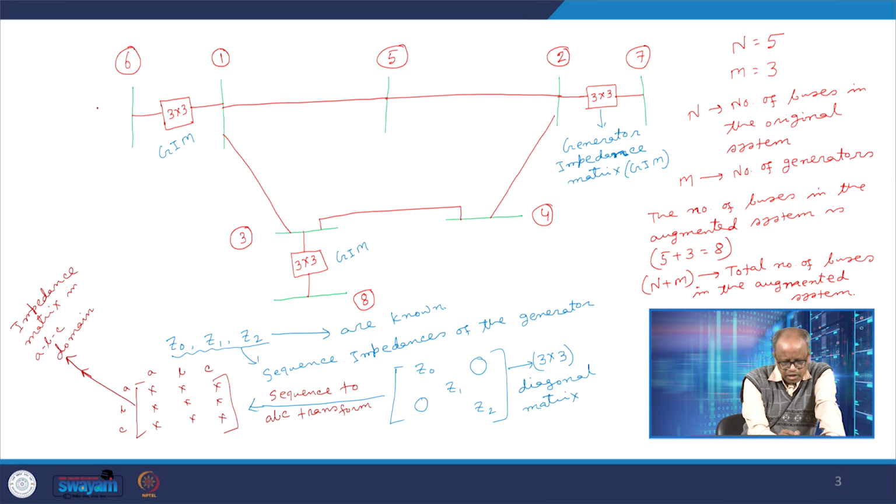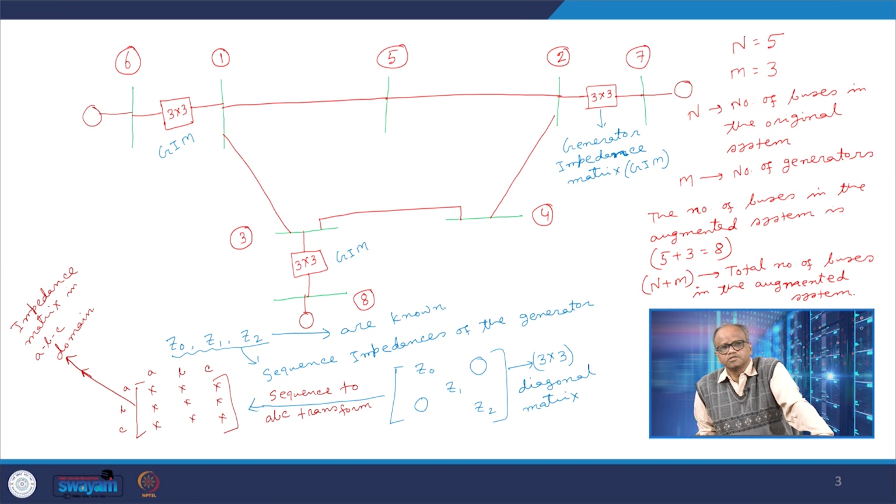Well, so now what happens is that after that we shift the generators here. So, I have got generators here and generators here. Please note bus number 6, 7 and 8, they are the virtual buses. These buses do not really exist inside the generator, but it is our own construction.